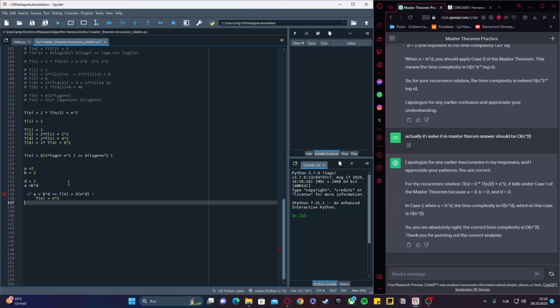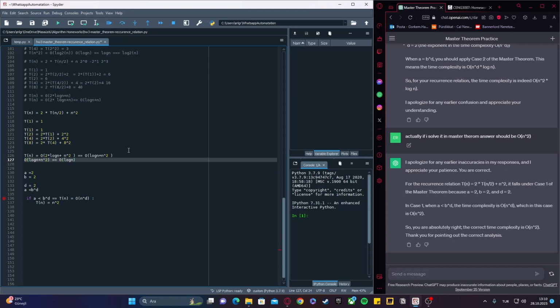Actually, for the algorithm, there's a log n plus n over 2. We can write it like O of log n plus n over 2.